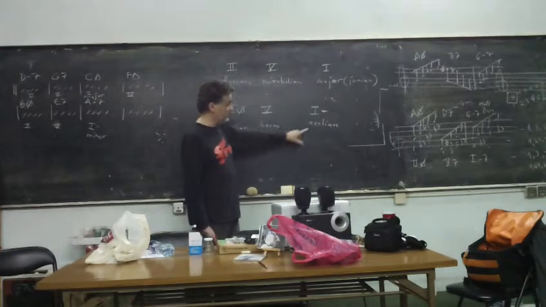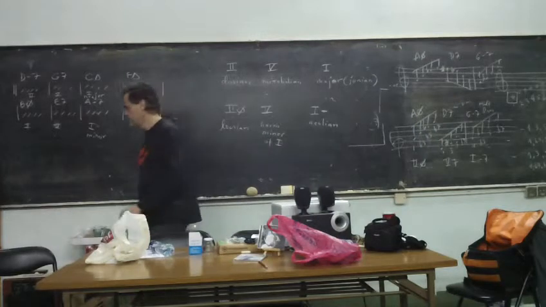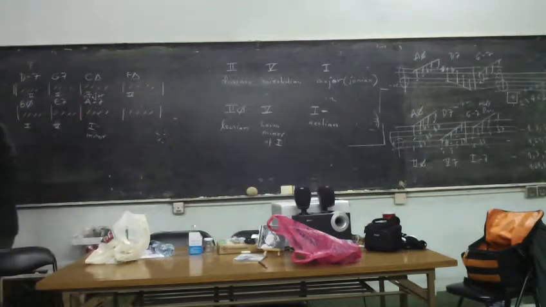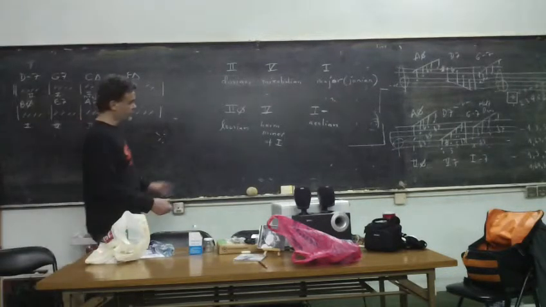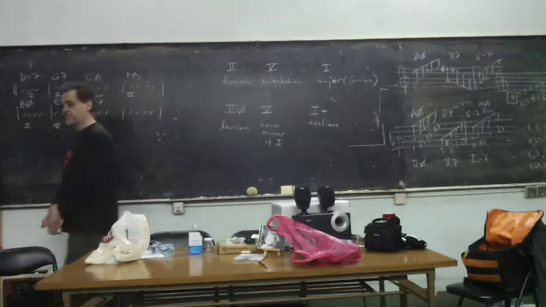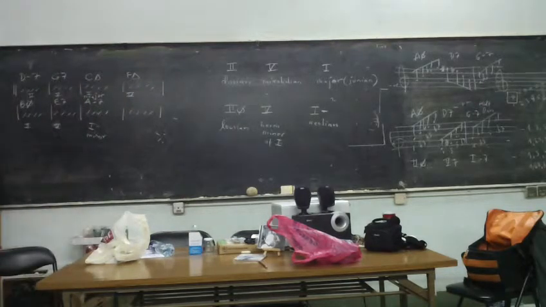So you have the harmonic minor of this one. Okay? So these are the most popular scales in jazz and popular music. Dorian, Mixolydian, major, Locrian, harmonic minor, Aeolian.